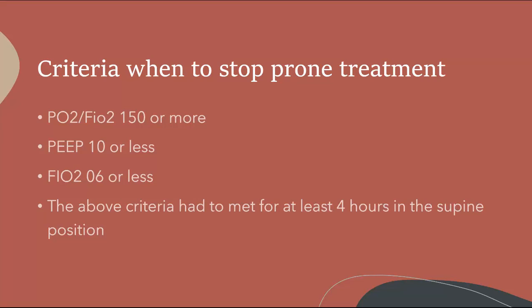So flip the patient from prone to supine, and if you have all these criteria, then it's okay to stop the proning and see how your patient is doing. That's even after the first day. You don't have to wait for the second day, but you have to have all these parameters.